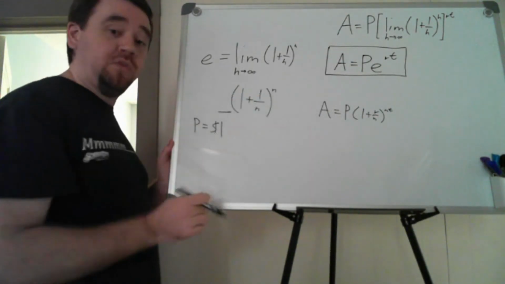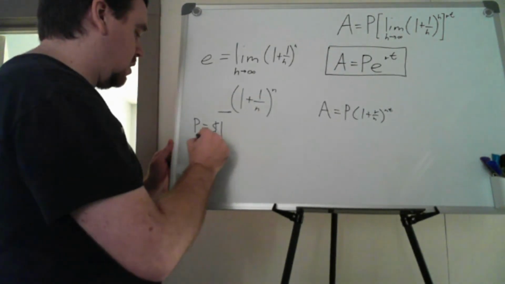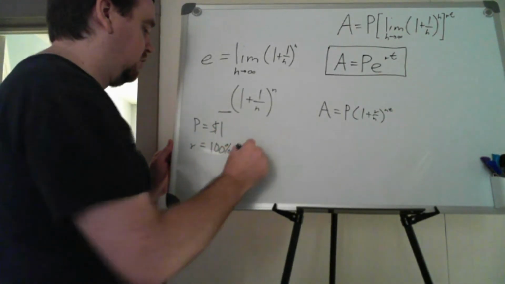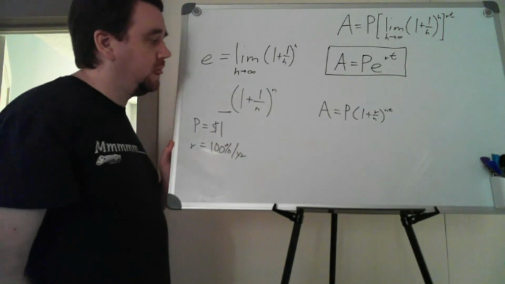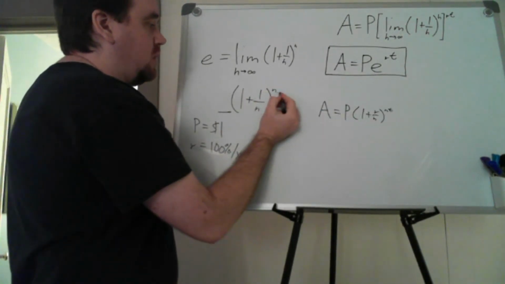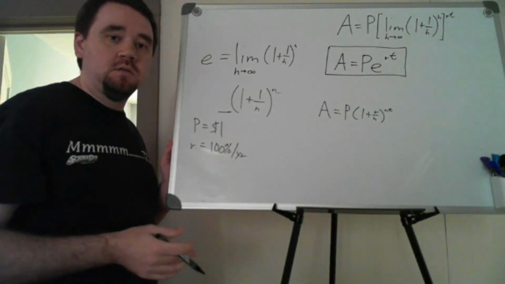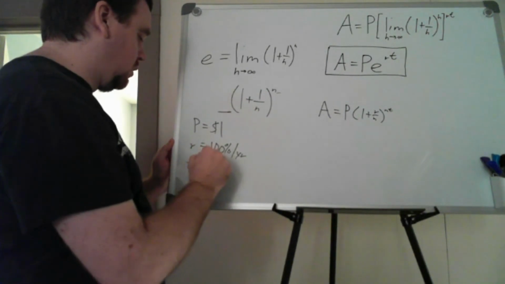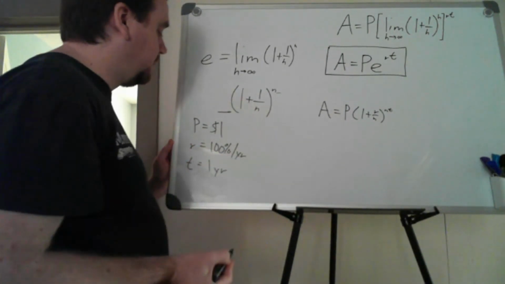So this really means 100%. So r equals 100% per year. And then I've got t out here, so it's n times t. Well, what is n being multiplied by? Well, 1. If nothing's there, it's a 1. So I have t equals 1 year.